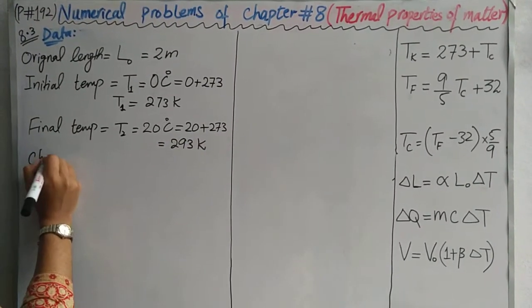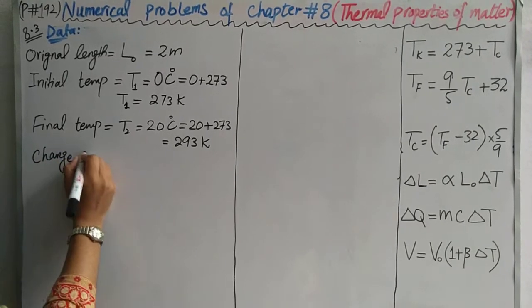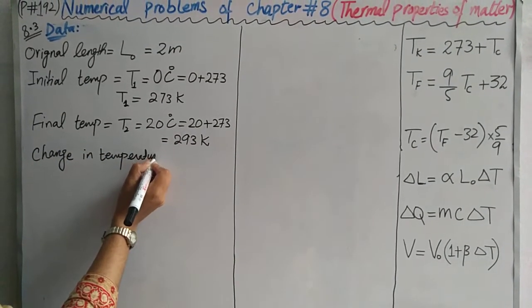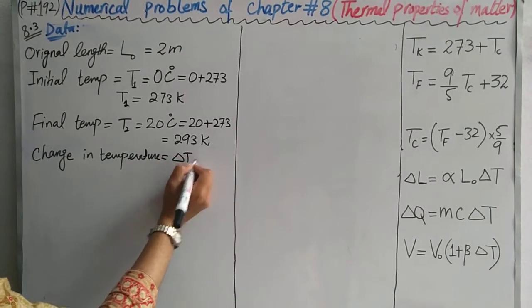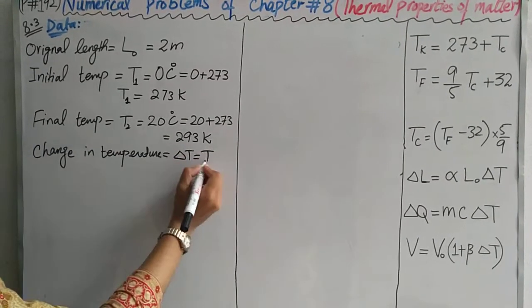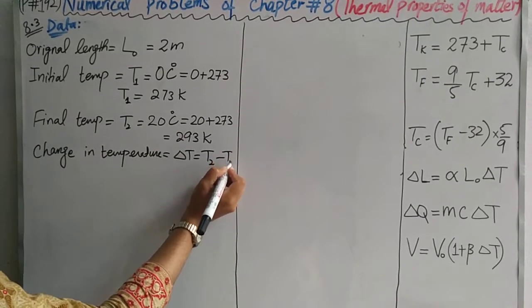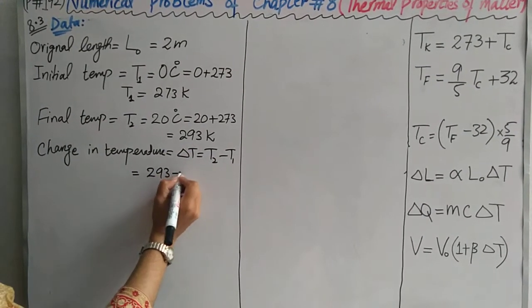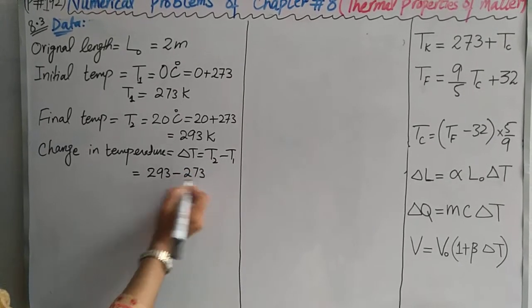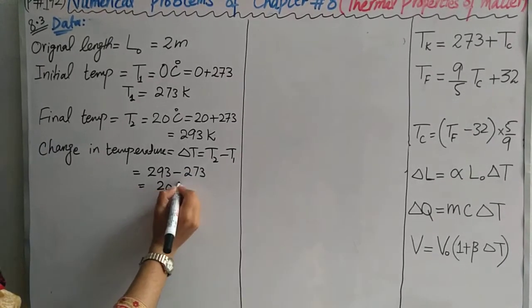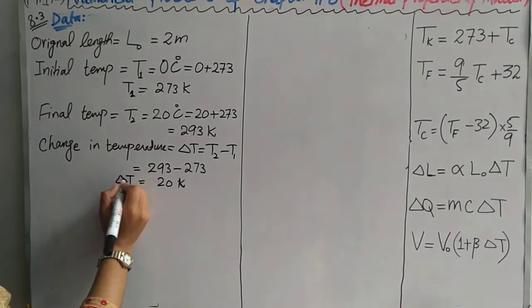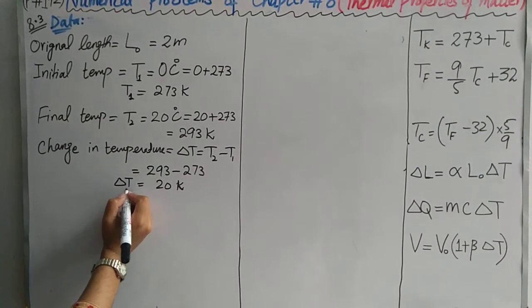Now change in temperature, that is delta T, is equal to final temperature T2 minus initial temperature T1, is equal to 293 minus 273, is equal to 20 Kelvin. This is our delta T, means change in temperature.